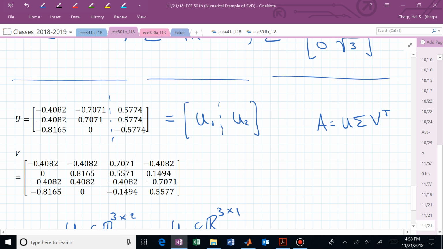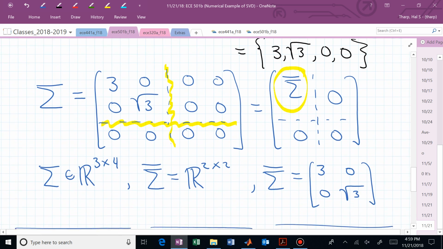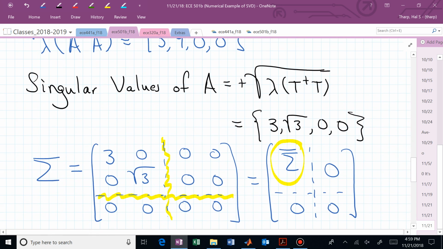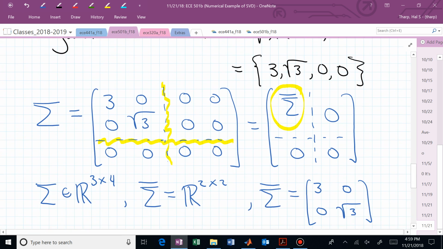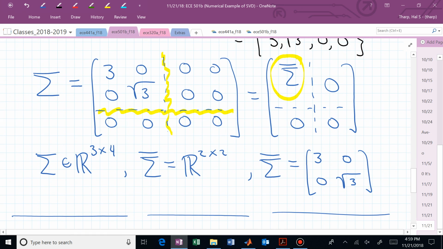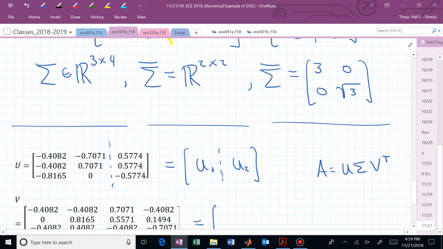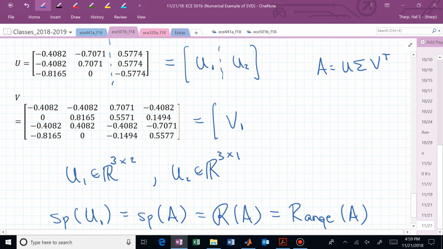We can do something similar relative to V. So V now needs to be compatible with sigma. In this case, we have V1 and V sub 2 relative to the compatibility of V with sigma.